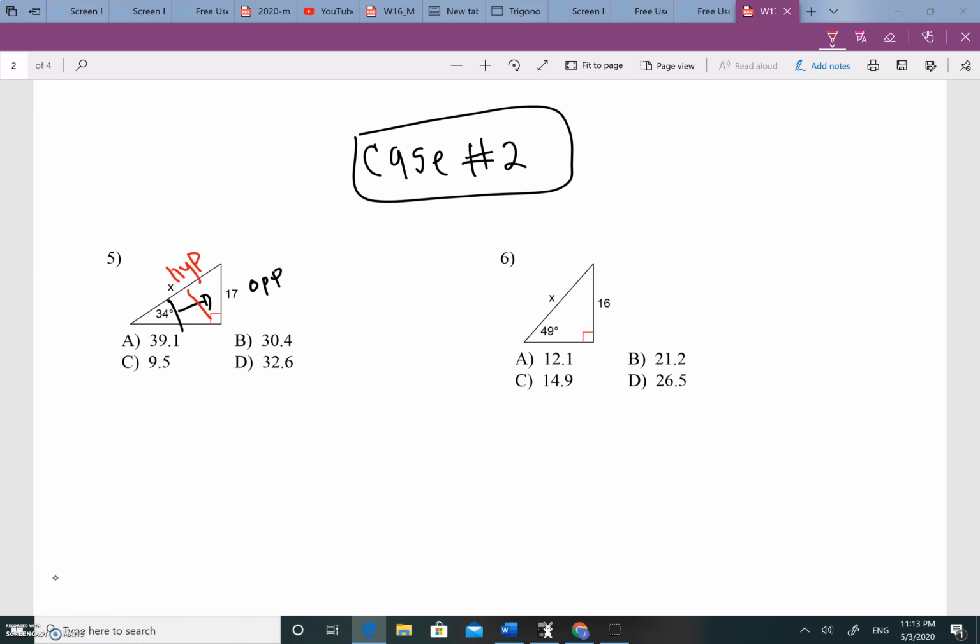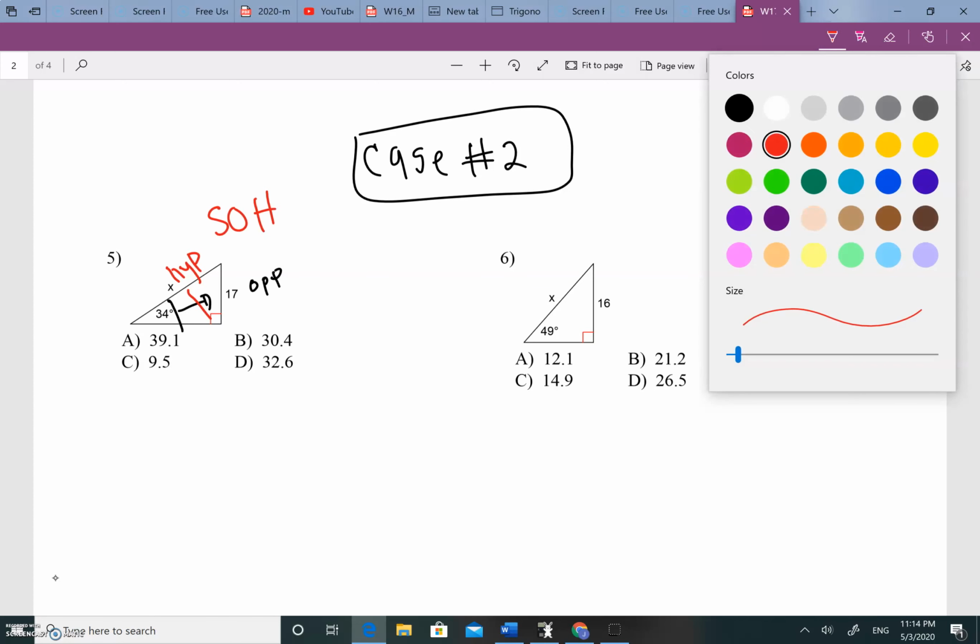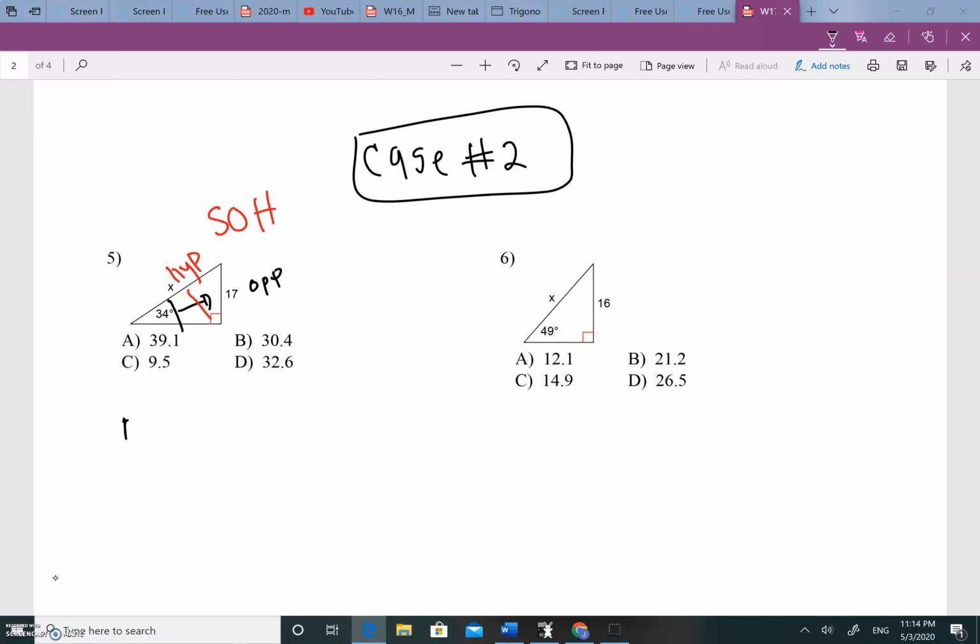This is going to change our setup because we have SOH, which is sine of 34 is equal to opposite. Opposite is 17, and then we put our x in the bottom because x is our hypotenuse.